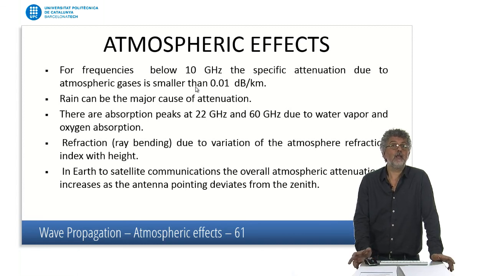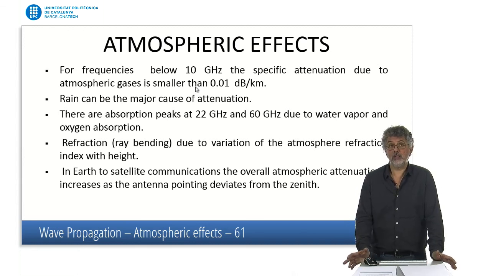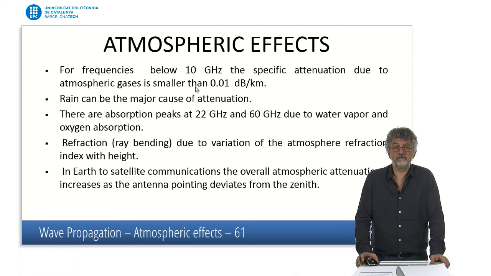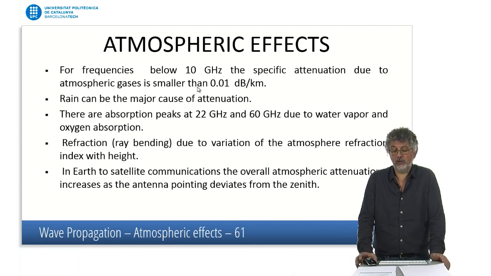And then we have refraction, which causes ray bending due to the variation of the atmospheric refraction index with the height. And in the case of Earth to satellite communications, we have to consider the overall attenuation of the atmosphere, which of course will depend on how we are pointing to our satellite compared to our zenith position.